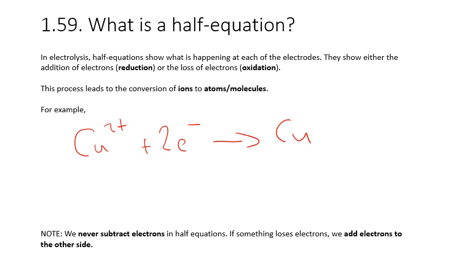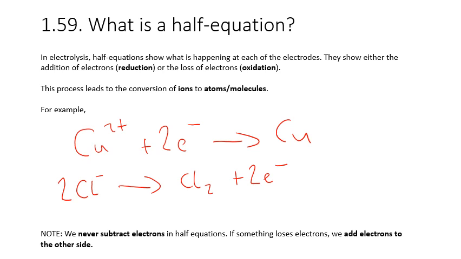Alternatively, at the anode we could have something like the chloride ion losing electrons to form chlorine gas. Now you'll see that this is unbalanced at the moment. We need 2 chloride ions to form 1 chlorine molecule, and of course 1 electron is lost per chloride ion, which means we need to have 2 e- there.